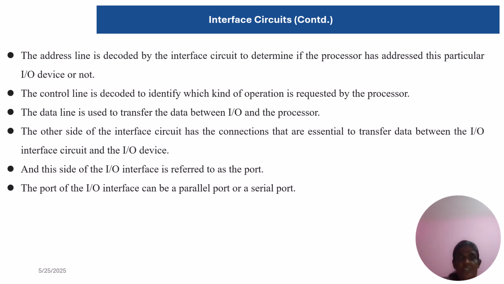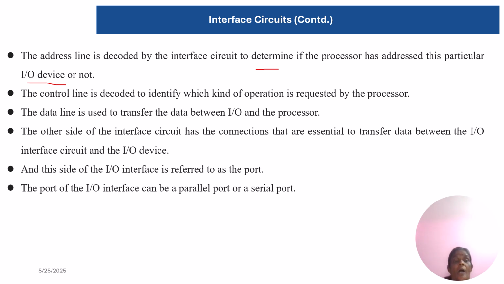The address line is decoded by the interface circuit to determine if the processor has addressed this particular I/O device or not. So based on the decoded address, the processor is able to recognize which device is calling it.